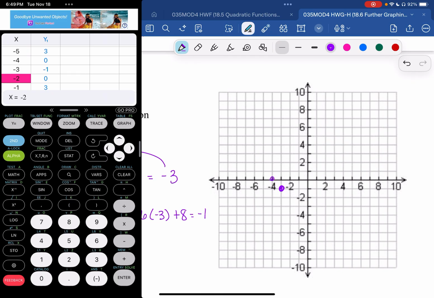Negative 4, 0. Negative 2, 0. And you can get as many points as you want until you feel comfortable enough to sketch that out.